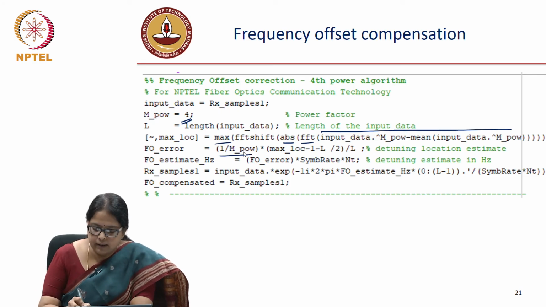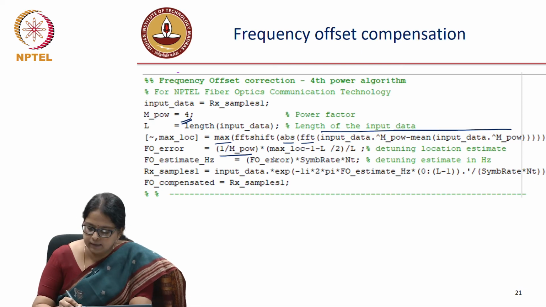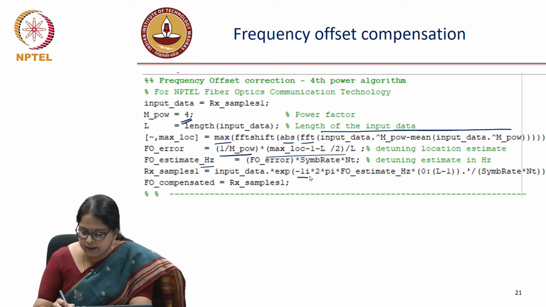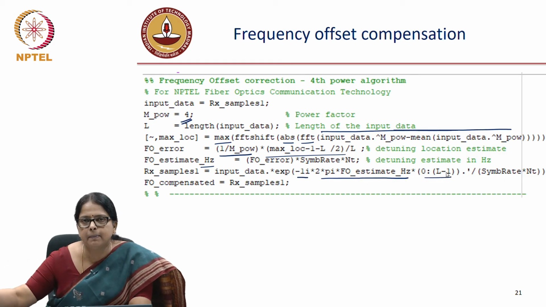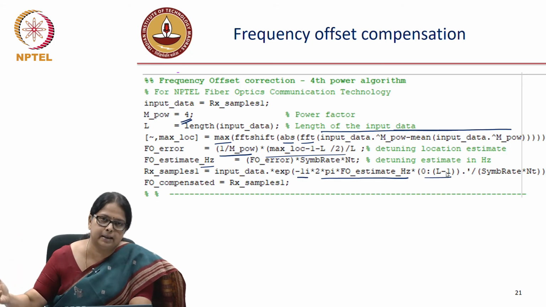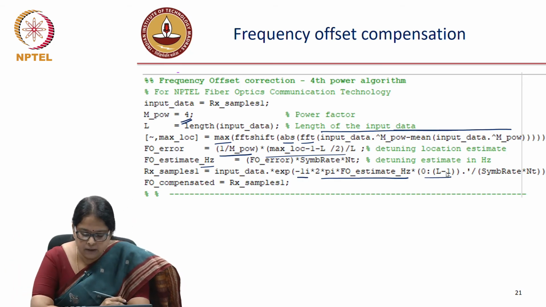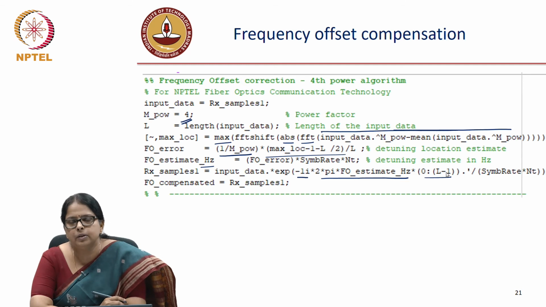So, you are doing 1 divided by 4 of this maximum and then you estimate the error in hertz in the frequency offset, and then in the received samples you are just multiplying by e power minus j 2 pi times the frequency offset estimate times the time, progressively for every sample. Okay. So, this is how you compensate for frequency offset.